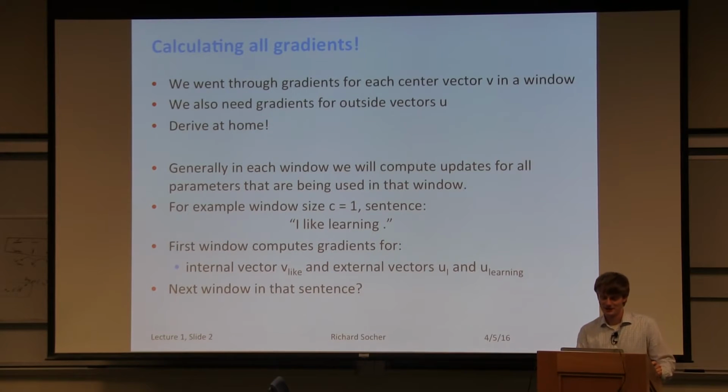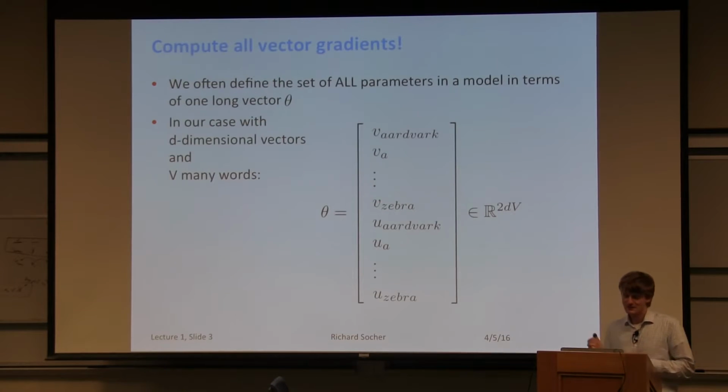Great. All right. So now as we compute the derivatives for all the different parameters, we basically would always look at our theta when we start. So theta will essentially have all the different word vectors, and again we have 2 for each word, with the inside vectors and the outside vectors.